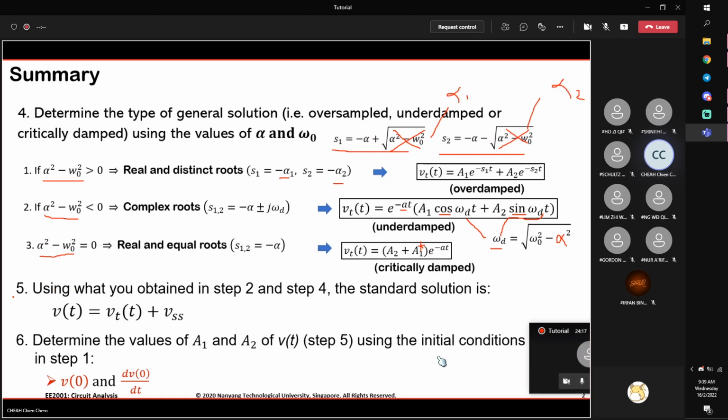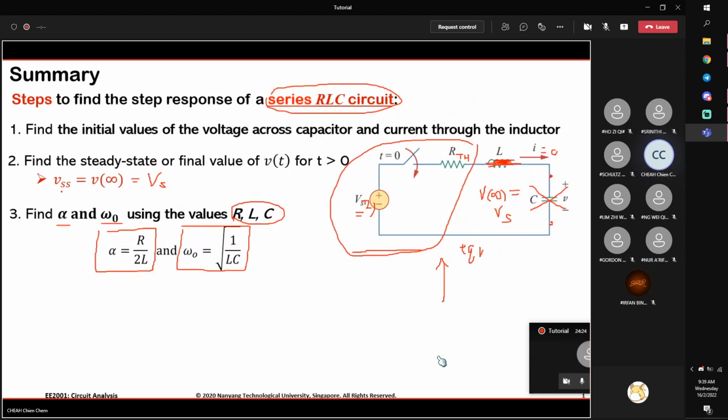Before that, the next step is that you have obtained the general solution because you have obtained the steady state values based on simple analysis by letting the inductor become short and the capacitor become open. So this is just an analysis of a network with resistors only. Under steady state conditions, your energy storage elements are basically not there, because the inductor behaves like a short, and the capacitor behaves like an open.